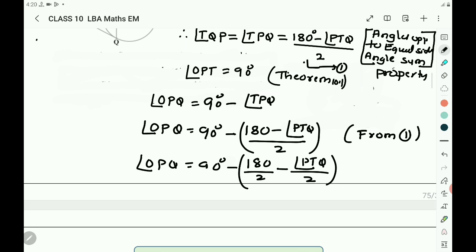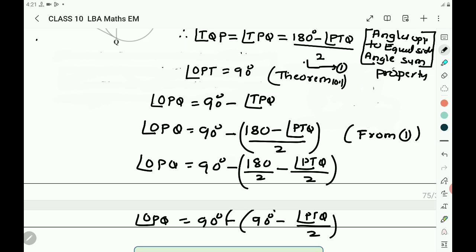And in the next step, angle OPQ equals 90 degree minus 180 by 2, which is 90 minus angle PTQ by 2.